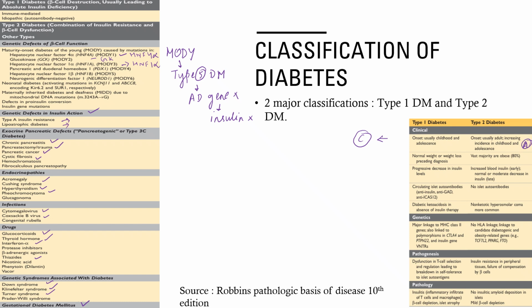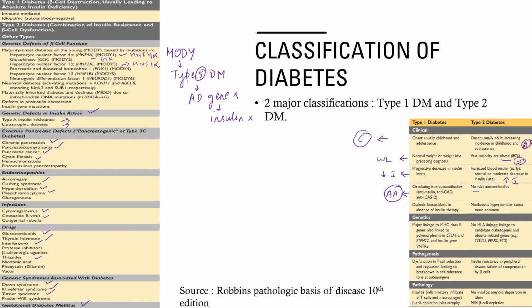In type 1, there will be normal weight or weight loss which will precede the diagnosis, whereas in type 2 diabetes mellitus, a vast majority of patients are obese. In type 1 diabetes mellitus, there is a progressive decrease of insulin levels, whereas in type 2, there is increased insulin levels. In type 1, there are circulating islet autoantibodies, which is very important.